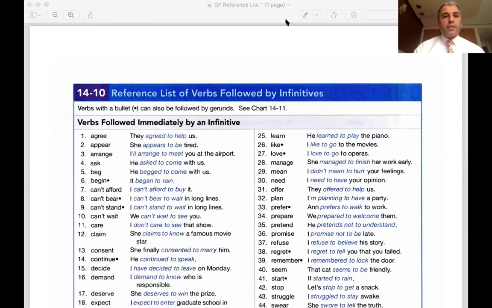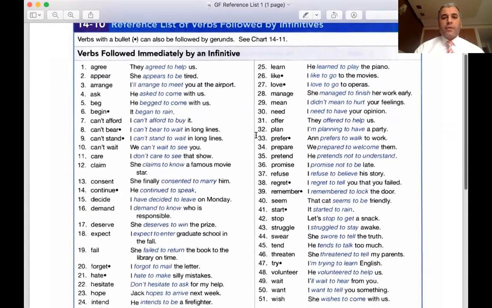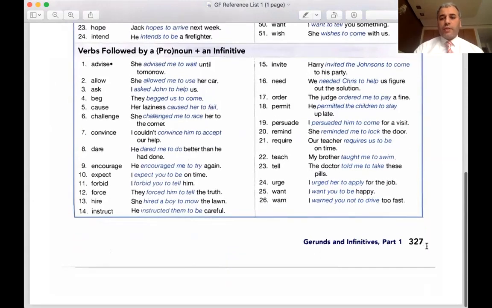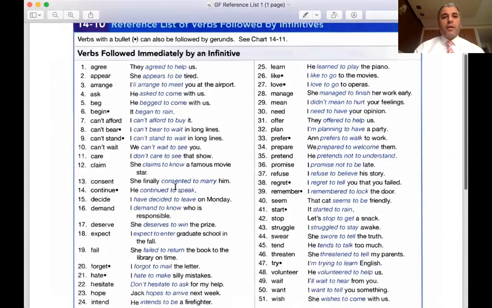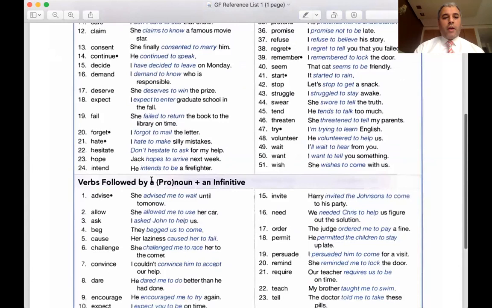Let me take another list for you. This is list 2. This is list 1. Reference list: verbs followed by infinitives. This is a list that you have taken from your book, page 327. You have verbs followed immediately by an infinitive, like agree, etc., and verbs followed by a pronoun and then an infinitive.